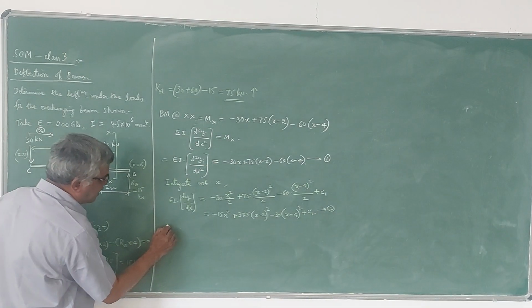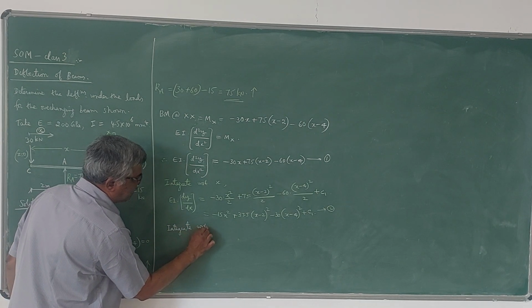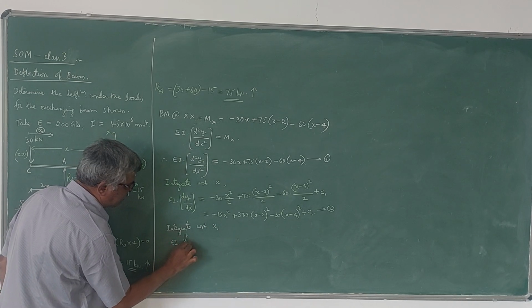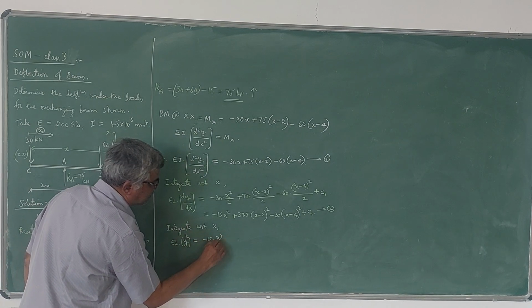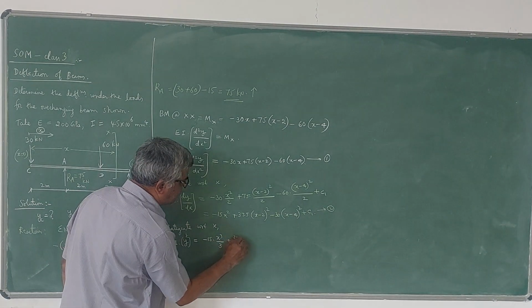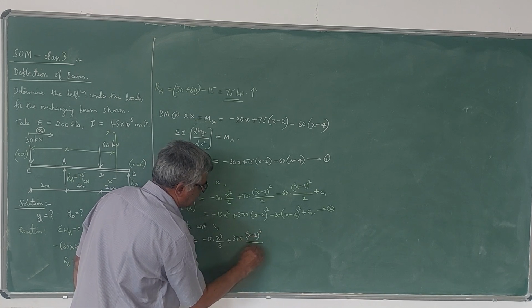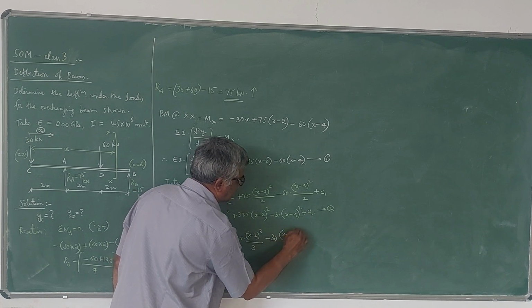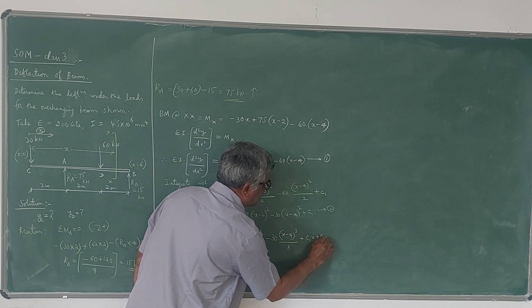Now once again you integrate with respect to x, and you will get the deflection equation. EI into integration of dy by dx is EI y, equal to minus 15 into x cube by 3, since integration of x square is x cube by 3, plus 37.5 into x minus 2 whole cube by 3, minus 30 into x minus 4 whole cube by 3, plus c1x plus c2.